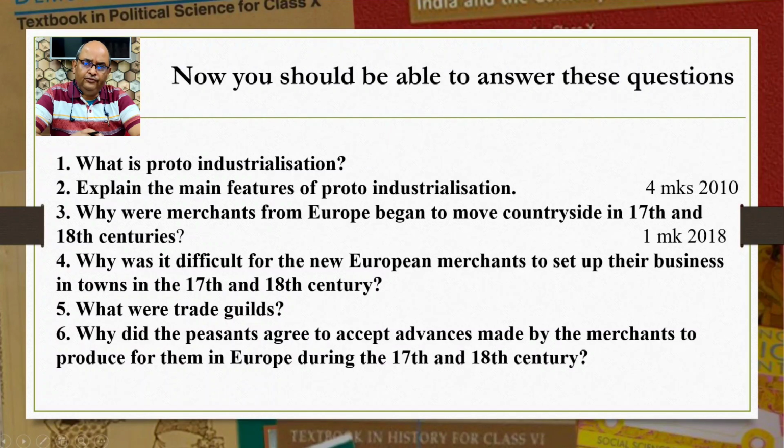Why was it difficult for the new European merchants to set up their businesses in towns in the 17th and 18th century? 6. What were trade guilds? 7. Why did peasants agree to accept advances made by the merchants to produce for them in Europe during the 17th and 18th century? Students, with this we finish the topic that was planned for today.